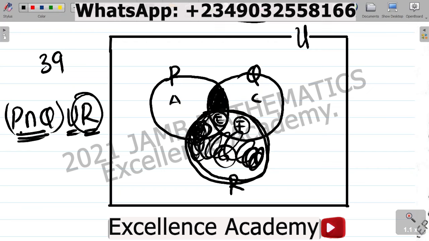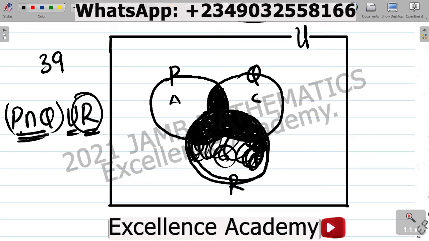Everything here, you are shading this. Shade this quickly and see which option aligns with what you have here. But the main thing is knowing how to get your part. Let's say P intersection Q: it means shade where P and Q meet, what they have in common.